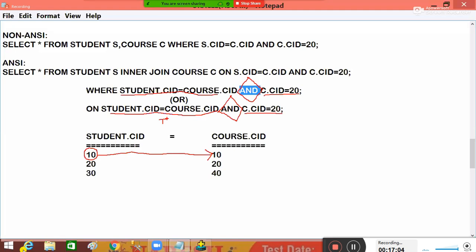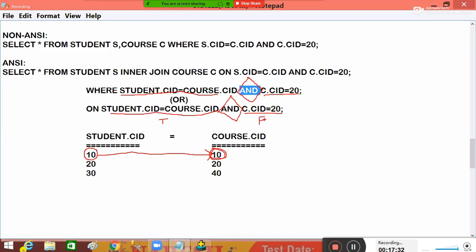So when my first condition is true, definitely I want to go for the second condition. So what is the second condition now? c dot cid is equals to 20. c means course. Course dot cid is equals to 20. But guys, tell me, here 10 is there. Is your second condition true or false?